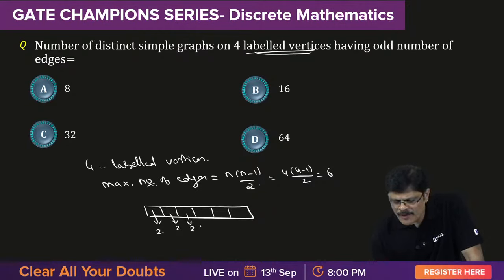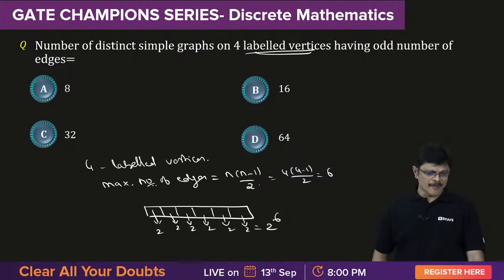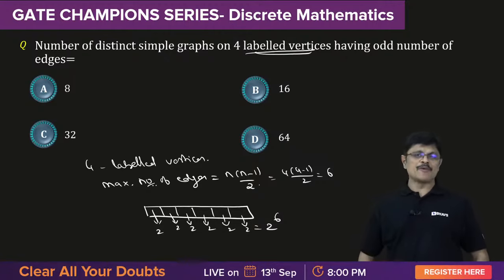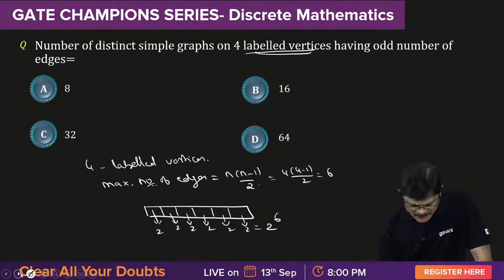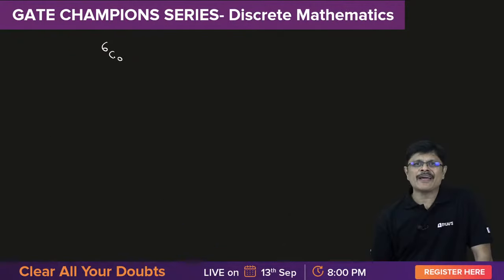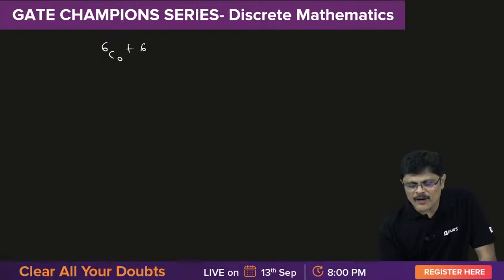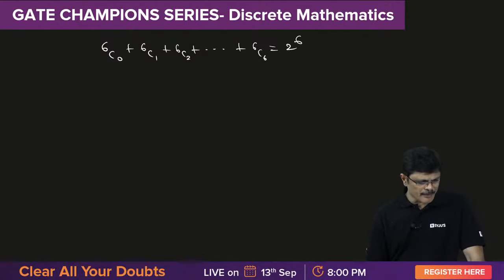So the number of simple graphs with 4 labeled vertices would be 2 power 6. The same thing can also be done like this. Out of 6 edges, you can have the number of graphs with 0 edges, with 1 edge, with 2 edges, and so on, with 6 edges, which is 2 power 6. This is one more way of doing it, my dear friends.